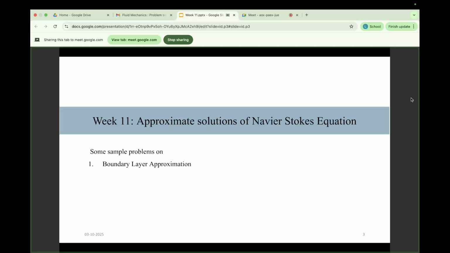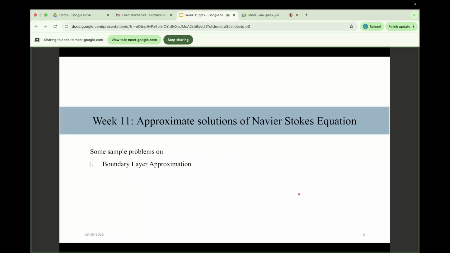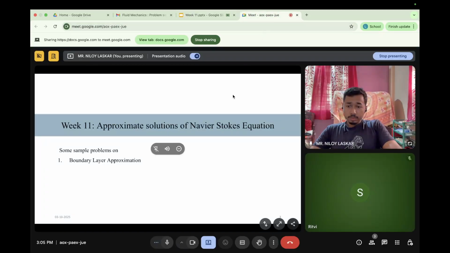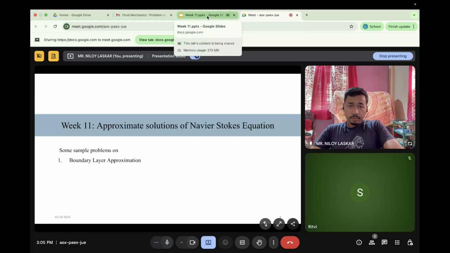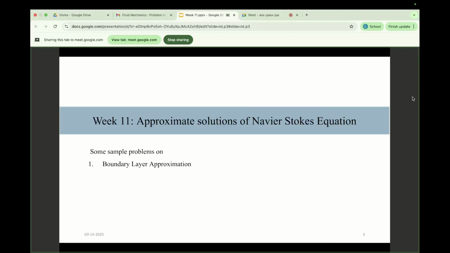To discuss the boundary layer, let me draw this for you. Say it's a surface.